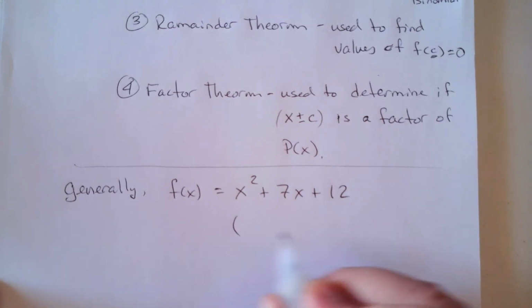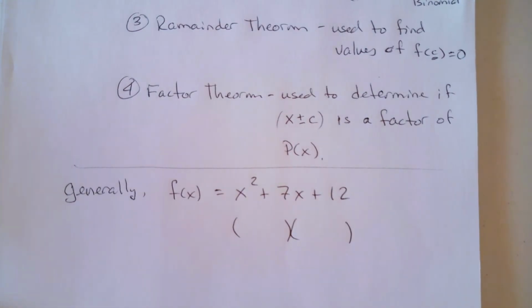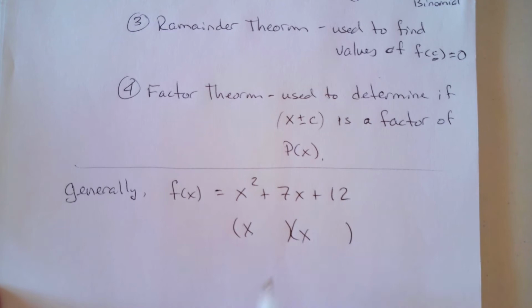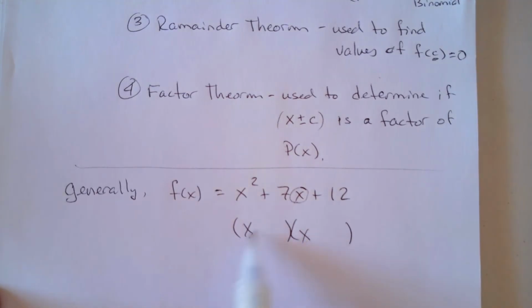We can either factor, complete the square, or use the quadratic formula. But let's see if we factor this. So what makes up x squared? x times x. Remember, the value that goes here is always the middle value. So x times x equals x squared, so we're using that term.